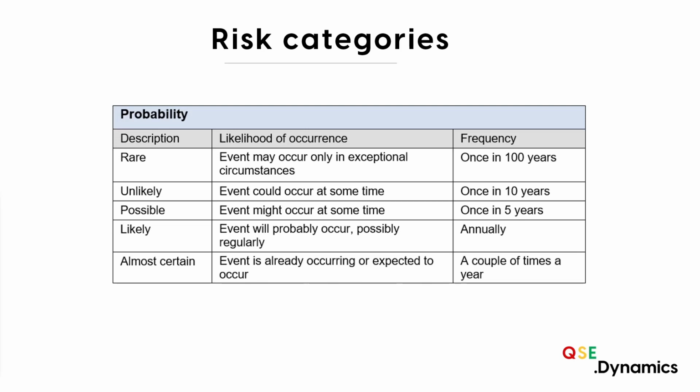I have an example a little later on where it's more about if it's happened in the industry before, if it's happened internally before. Again, you can really think about how you want to be able to frame probability within your business. But I think it's important to at least try implementing some kind of accurate description to guide people through the risk management process.